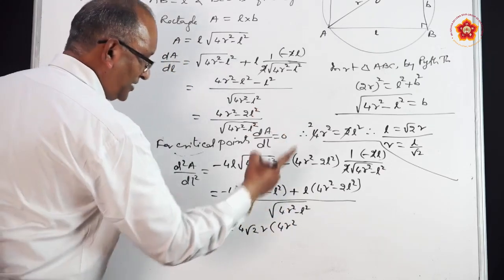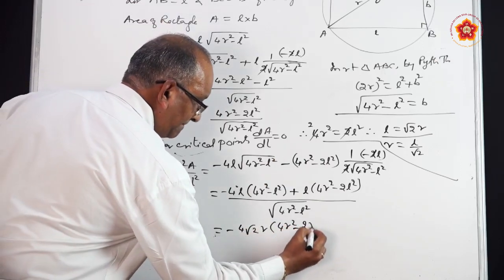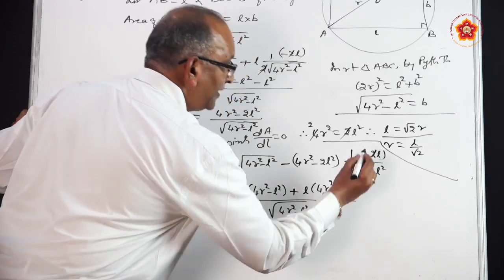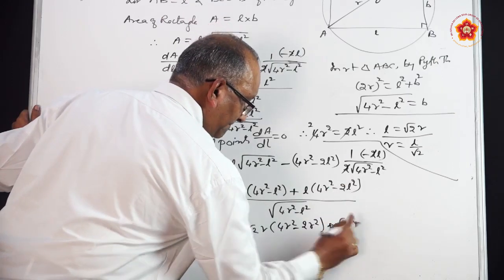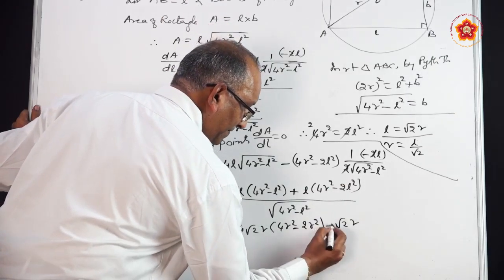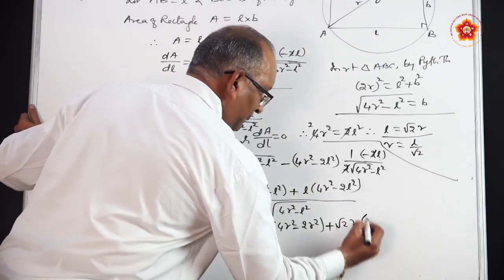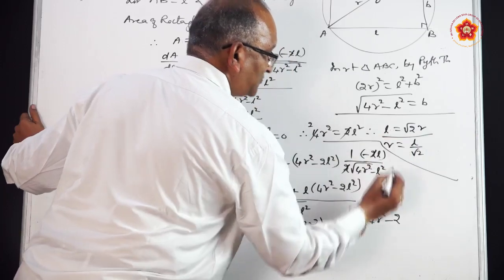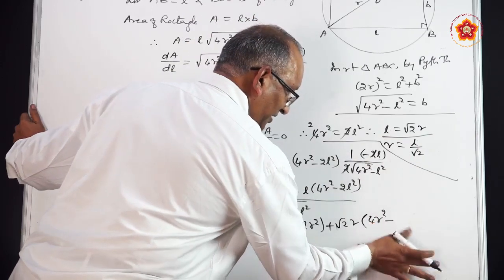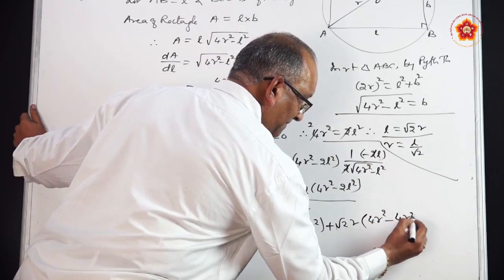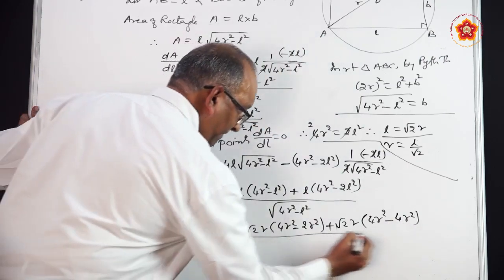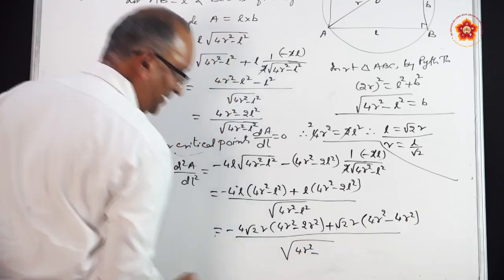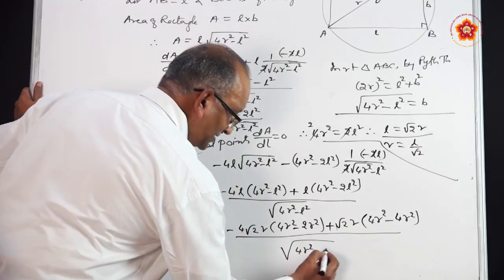L is root 2r, so it will become 2r square plus L is root 2r, 4r square minus 2L square will be 2r square, so it will become 4r square upon under root of 4r square minus L square, 2r square.